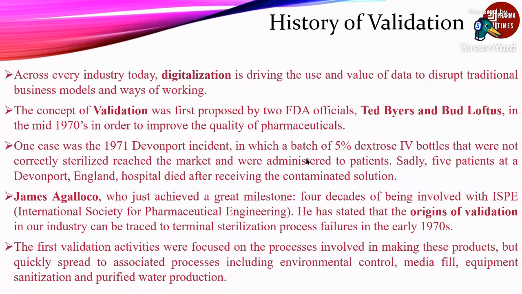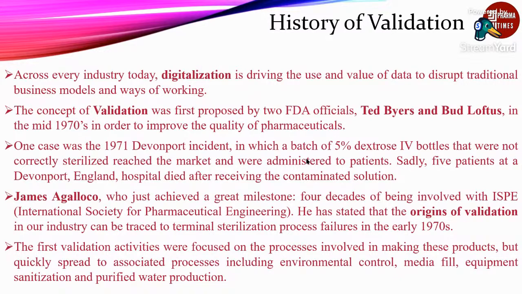One of the most famous cases is called the Devonport incident, which occurred in 1971. A batch of 5% dextrose IV bottles were not correctly sterilized during the sterilization process in the production department.